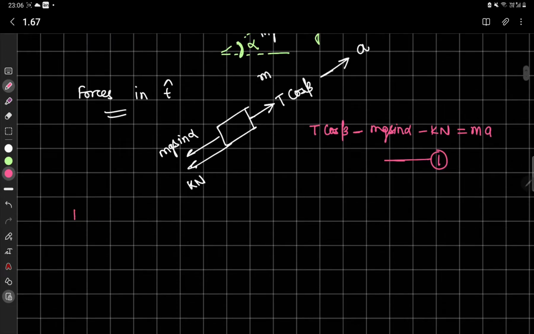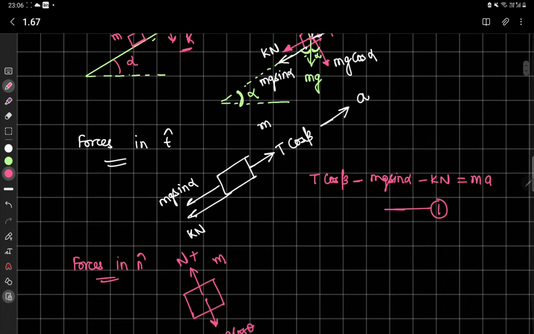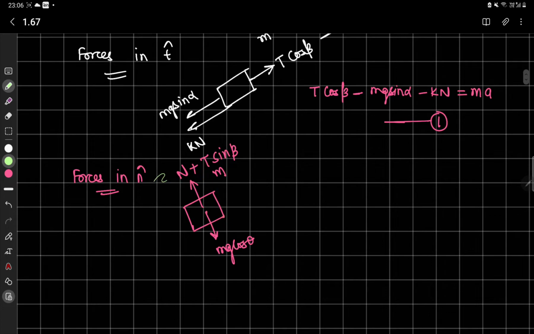Now let us denote the forces in the normal direction. This is mass m. We have mg cos alpha in this direction, and we have the normal reaction plus T sin beta in this direction. As we have no acceleration in the normal direction, we can directly balance the forces.